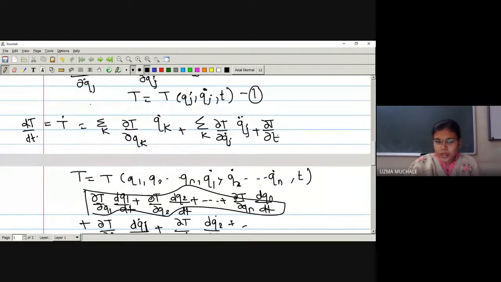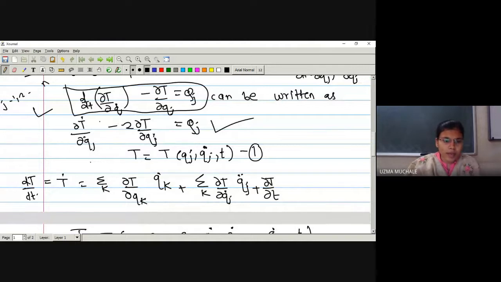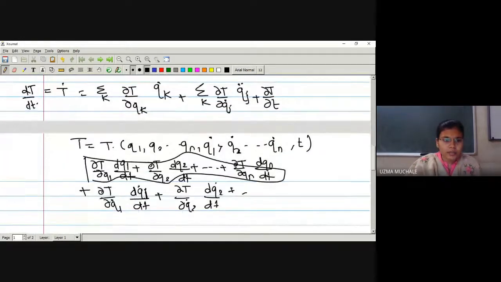So what we actually need in this is the value of dou T dot with respect to qj dot, and we want the value of d by dt of dou T by dou qj dot, right? So first we will differentiate T dot with respect to qj dot. So as we get the value of T dot, let me write down dou T dot by dou qj dot.